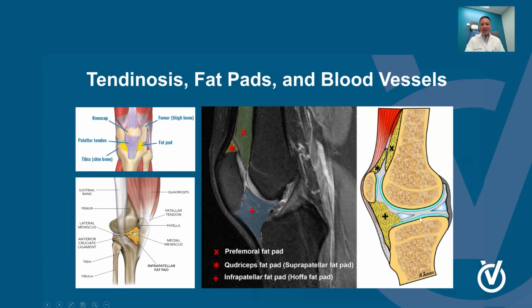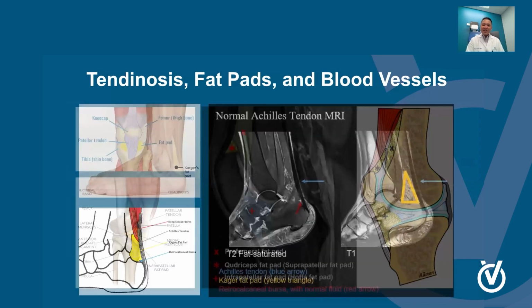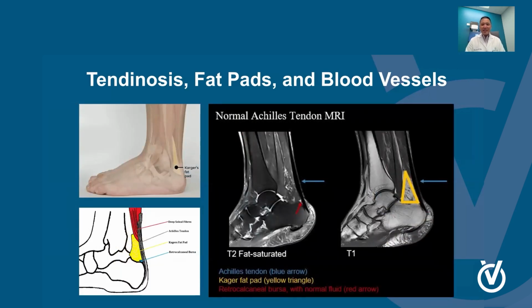Okay. Another example is the Achilles tendon. The Achilles tendon down by the heel also has a fat pad that sometimes is the origin of these abnormal blood vessels. That's called Kager's fat pad, as you can see in these pictures here. And imagine those fat pads sprouting blood vessels into the Achilles tendon, preventing the tendon from responding properly, remodeling and healing from the tendinosis.